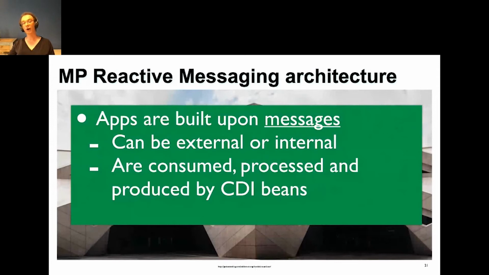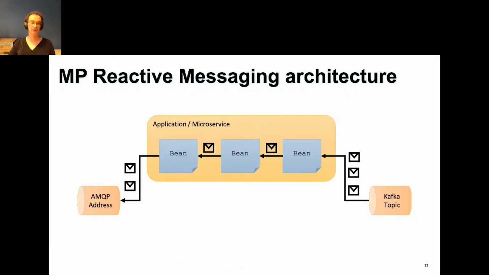So in this other architecture, apps are just built upon messages, and these messages can be external, coming from outside the system, and internal. And they're consumed in this architecture by CDI beans, right?